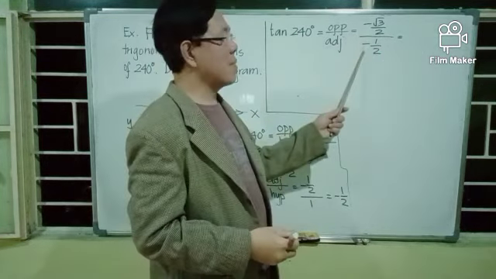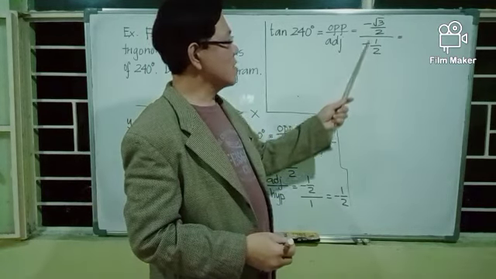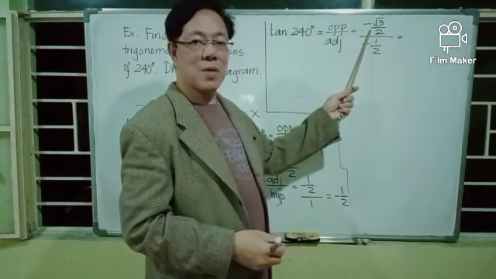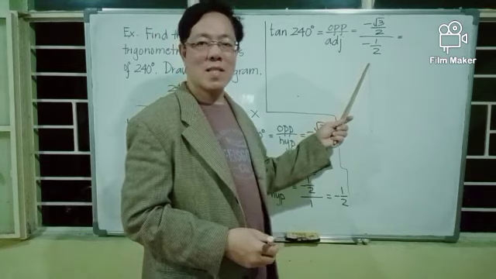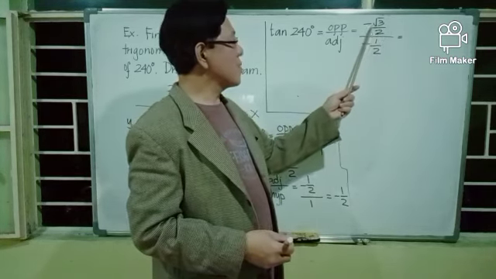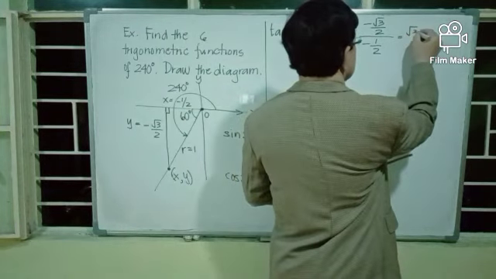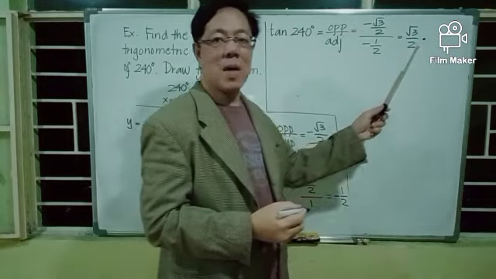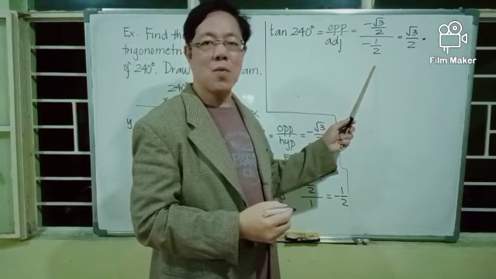Negative divided by negative is positive. To simplify this fraction, we multiply the numerator, square root of 3 over 2, by the reciprocal of the denominator, the reciprocal of 1/2, which is 2 over 1.